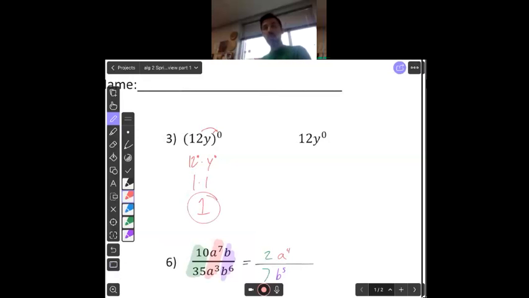But when you're looking at the second one, they look so similar to start with, but realizing where the 0 is, it's only on the y. So this is 12 times 1, so it's 12. So when we say that everything to the 0 power is 1, that 12 doesn't have a 0 on it, so it doesn't turn into a 1. So I wanted you guys to see that visual again. It's a very often confused problem. They look so similar, but they're different in the way they get applied.